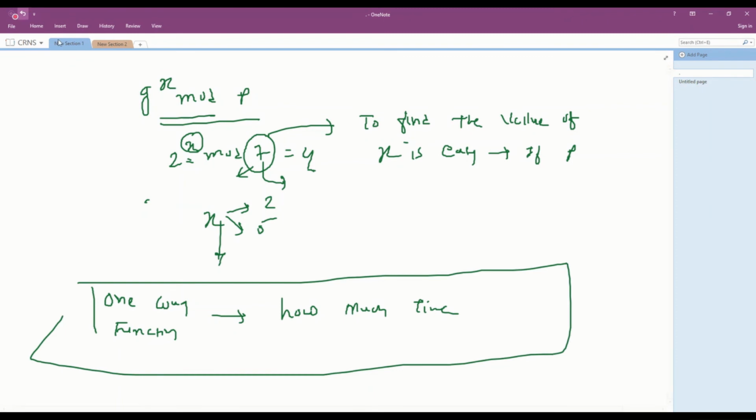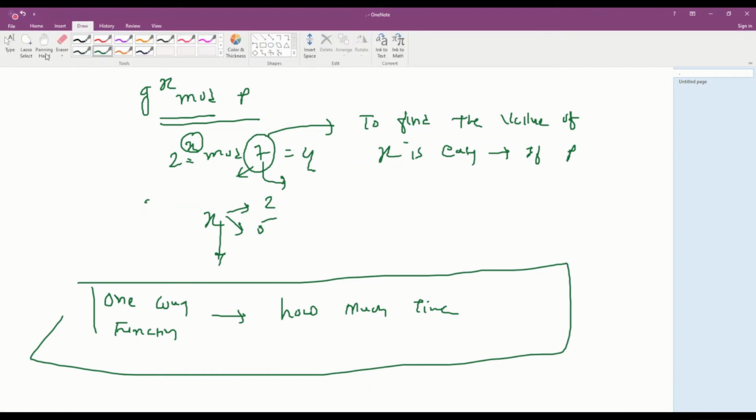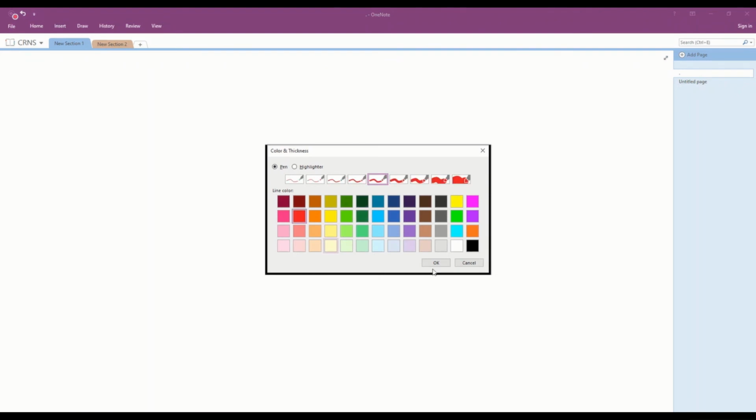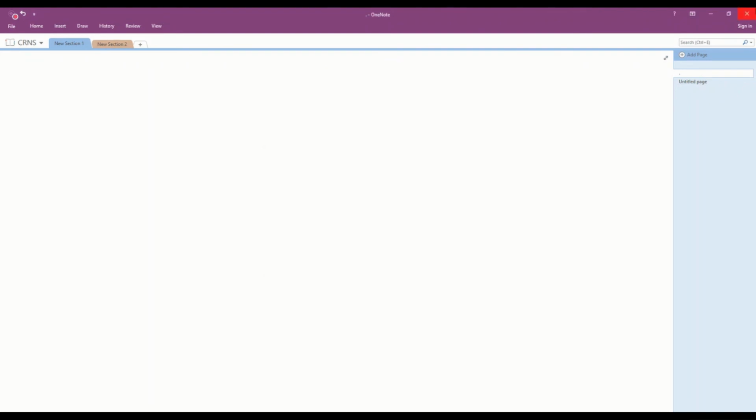Now I'm giving you one more example regarding this, and then we'll be done with this concept. Let's say this is given to you: log to the base 2 of 9 mod 11. So what is p over here? 11.